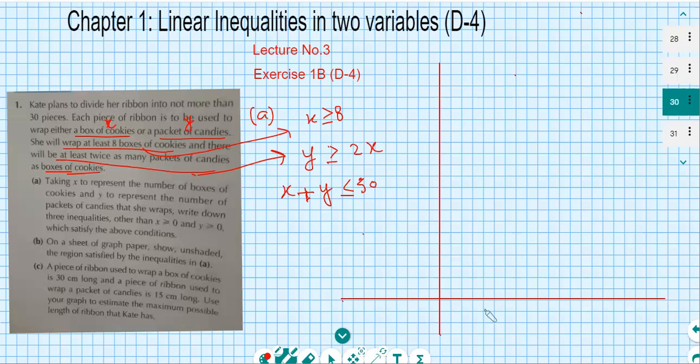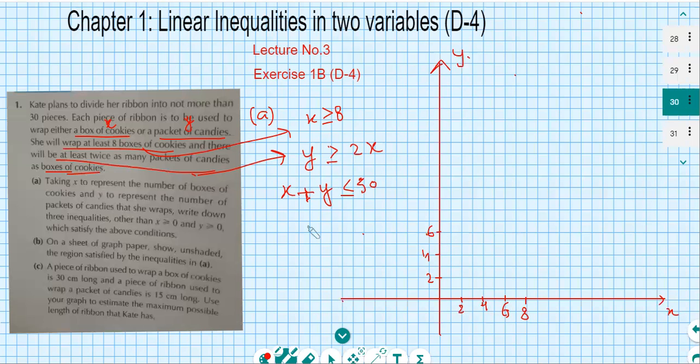This is 2, 4, 6, 8. Similarly here 2, 4. Suppose this is X and this one is Y: the X-axis and this one is the Y-axis.